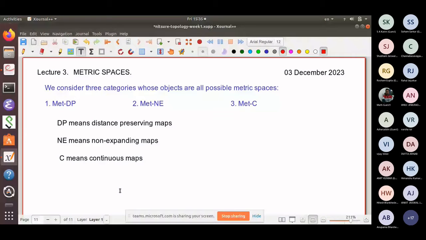Definition. A metric space is an ordered pair (X, d), where, of course, this is what you meant, I am not disagreeing with that, where X is any set, can be empty.